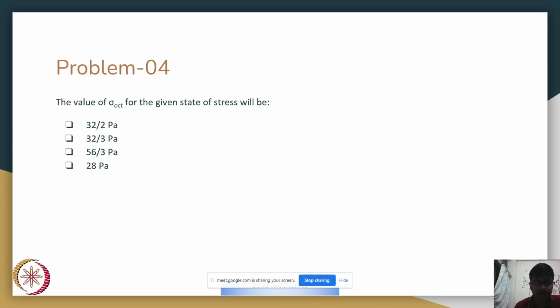And finally, the value of octahedral state of stress. So what is the formula for octahedral stress? I1 by 3. Correct. I1 by 3.